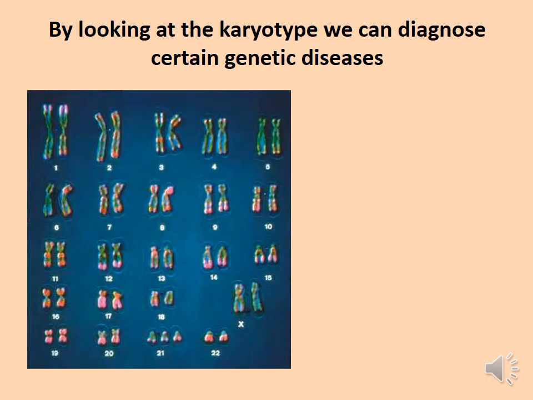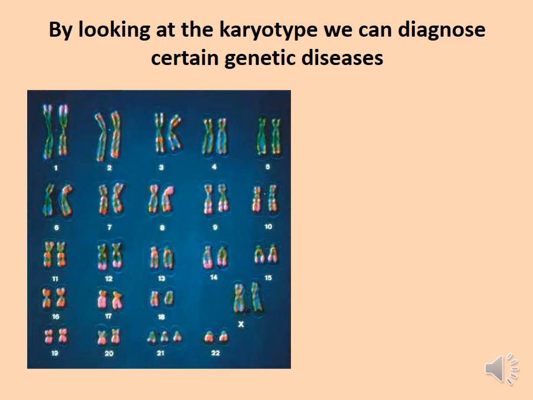By looking at the karyotype, we can identify certain genetic diseases. Diseases arising due to increase or reduction in the number of chromosomes, or else increment or reduction of the chromosomal length can be diagnosed by looking at the karyotype.